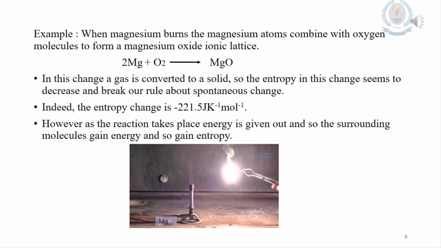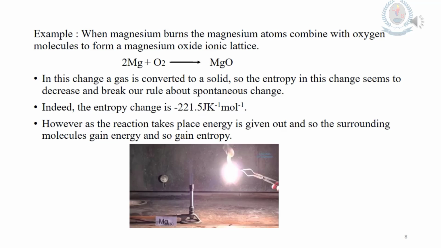Now consider this example. When magnesium metal burns, the magnesium atoms combine with oxygen and form a magnesium oxide ionic lattice. In this change, a gas is converted to a solid.